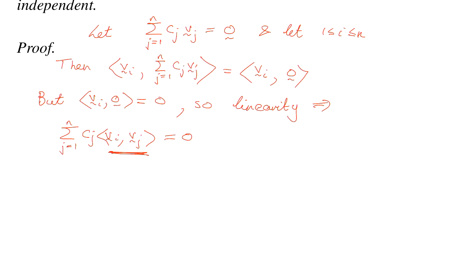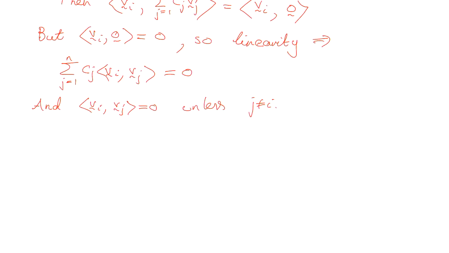So if J is anything other than I, the inner product of VI and VJ is 0, unless J equals I. So what's the left-hand side? The left-hand side is Ci times the inner product of Vi with Vi, and that's 0.